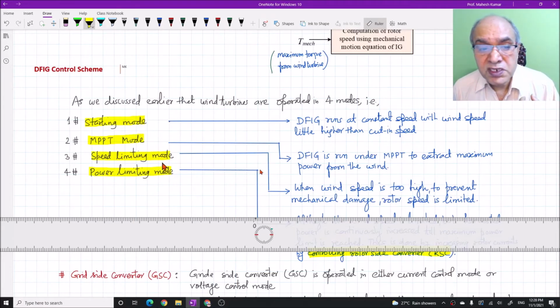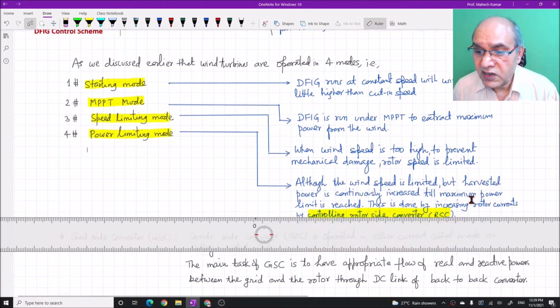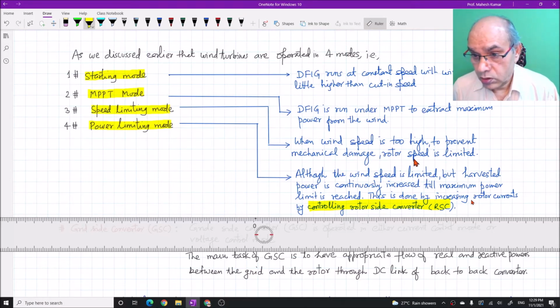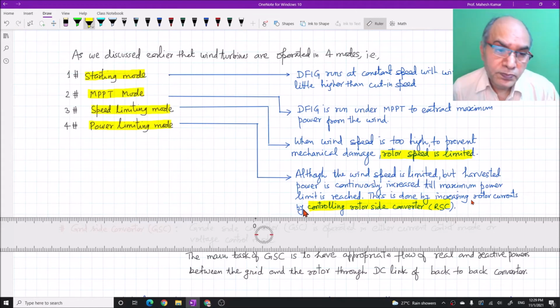And once the speed limit is crossed, we operate the DFIG in a speed limiting mode. We fix the final speed, and we operate the DFIG with that maximum speed. We don't allow speed more than that, even though the wind energy is more. So the rotor speed is limited by its maximum value.